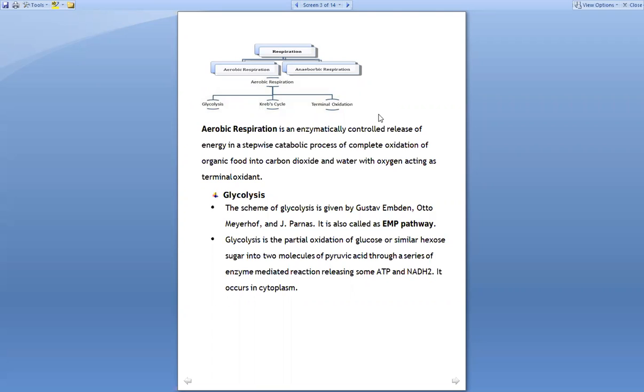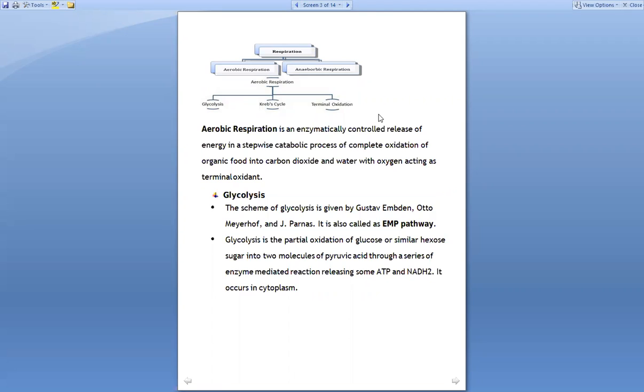Now in aerobic respiration, the first pathway which we are going to see is glycolysis, right? The scheme of glycolysis was given by Gustav Embden, Otto Meyerhoff, and J. Parnas. It is also called the EMP pathway.